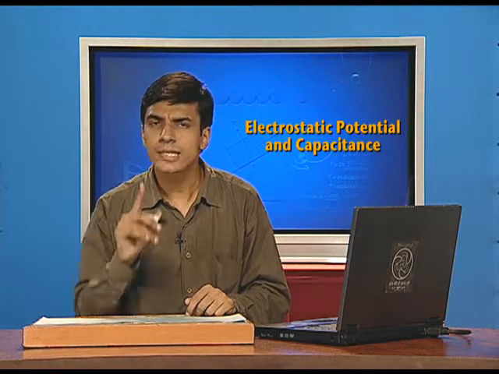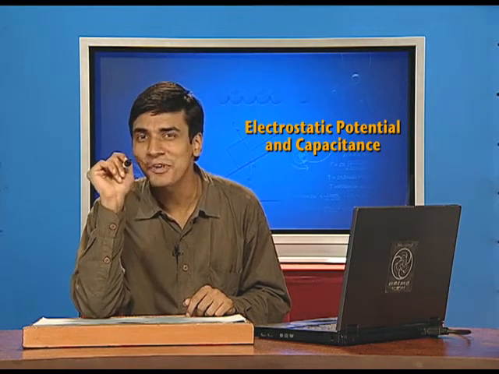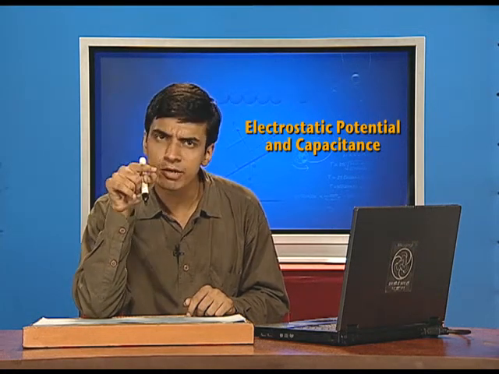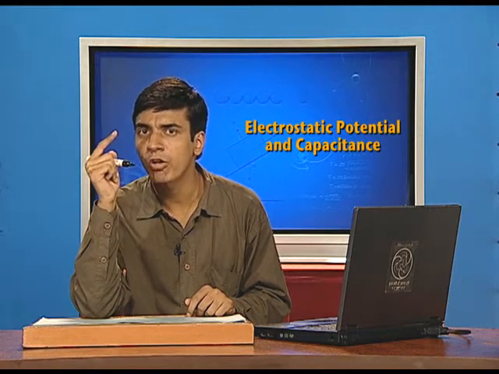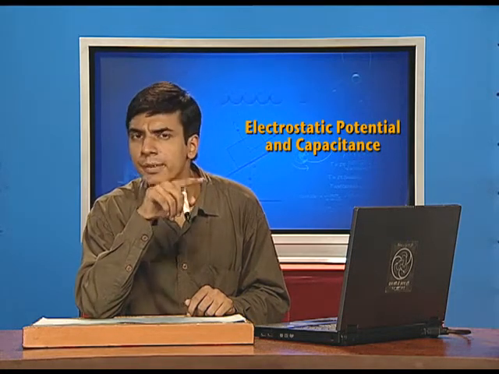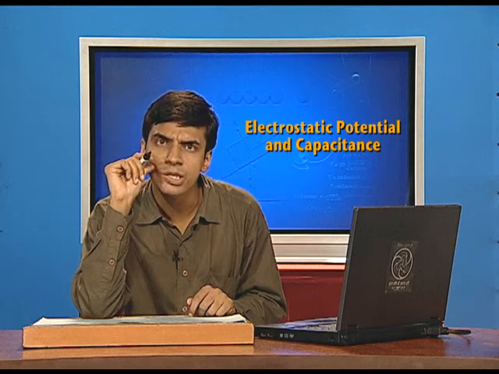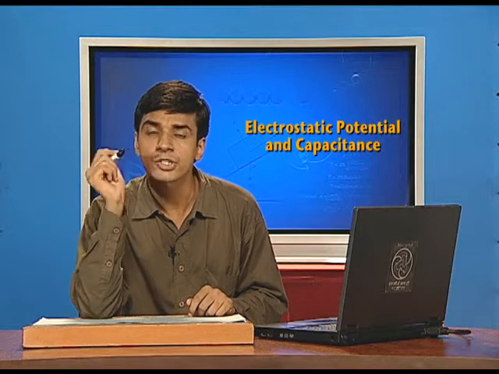But here is a catch. In our previous episodes also, we discussed a very good thing. We discussed that if I am doing some work in moving a charge from a point of my interest to the point where I should keep that charge, then that is stored in the form of a potential energy. But work is also a form of energy, right?